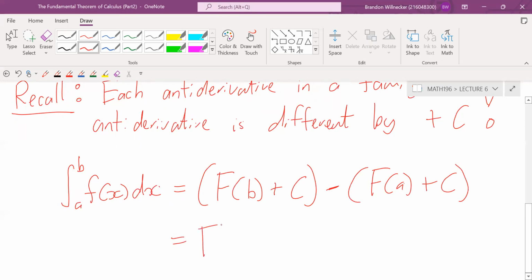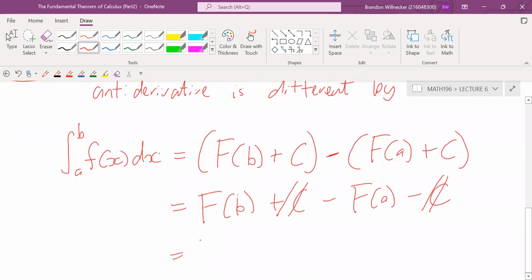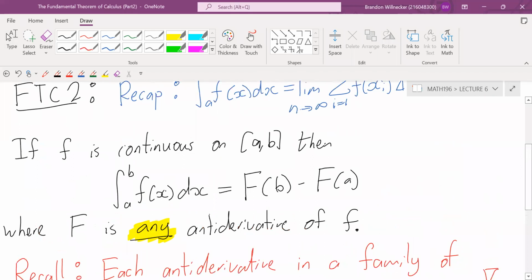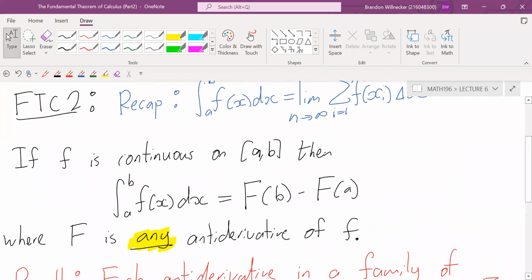And that's equal to F at b plus c minus F at a minus c. Now we've got a plus c, we've got a minus c, that goes. So we're left with F at b minus F at a. And this is exactly what we started with.